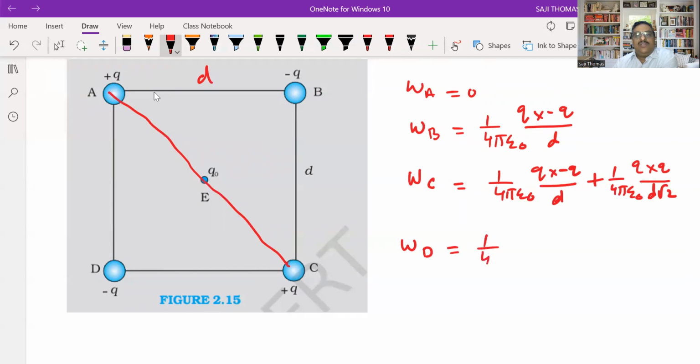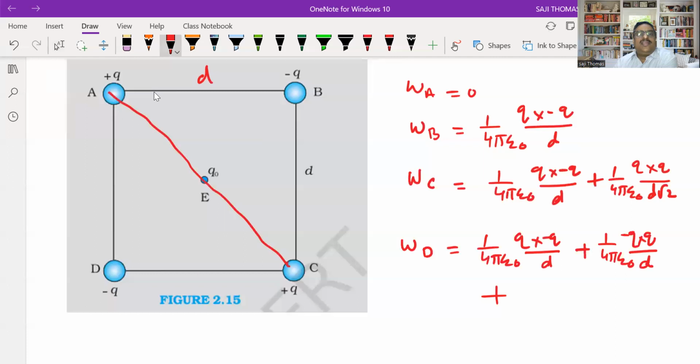What is the equation? 1 by 4 pi epsilon 0, minus Q times Q, the charge between A and D. The distance between A and D is d. Then you have to do work against the force of C. What will be that? 1 by 4 pi epsilon 0, charge is minus Q plus Q divided by d.